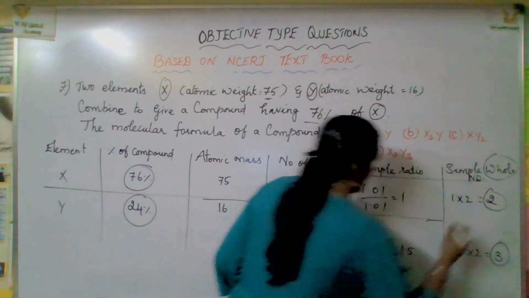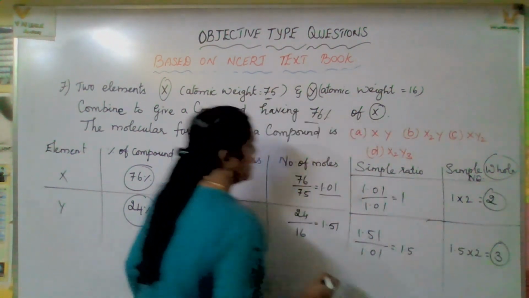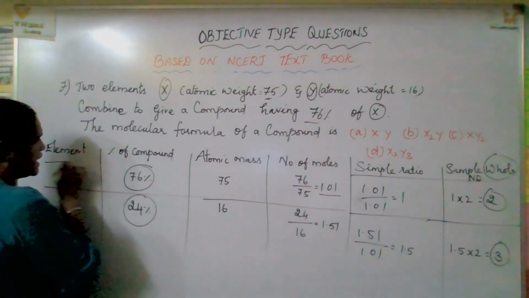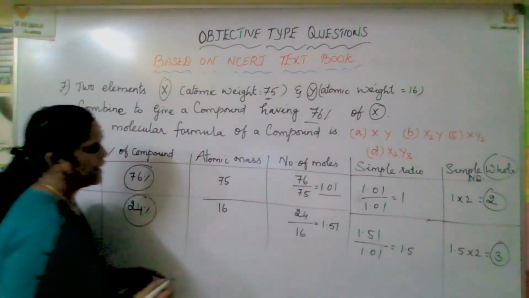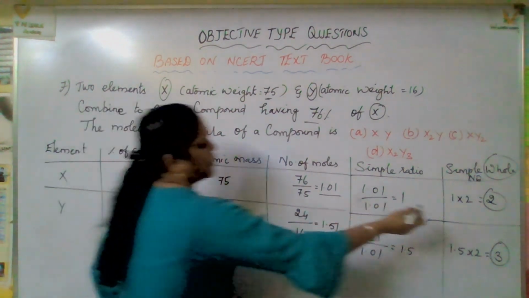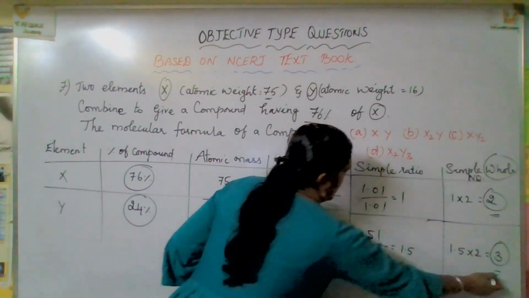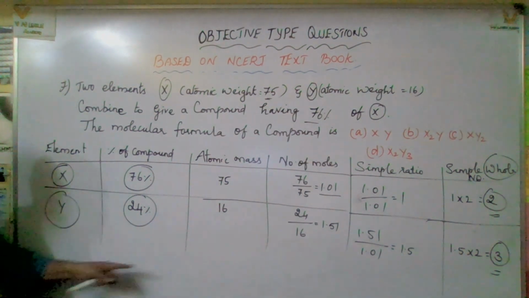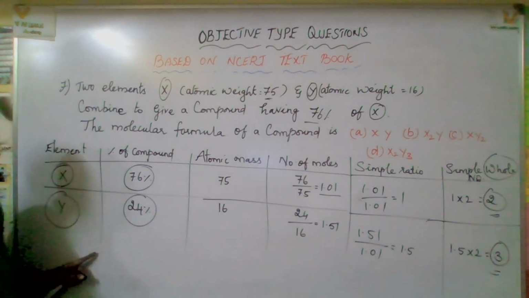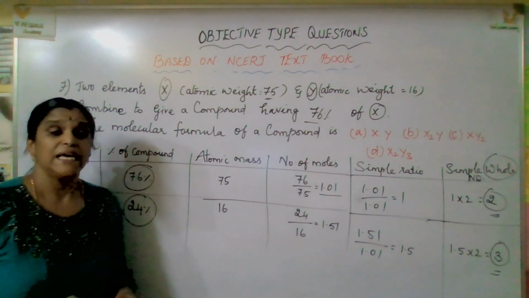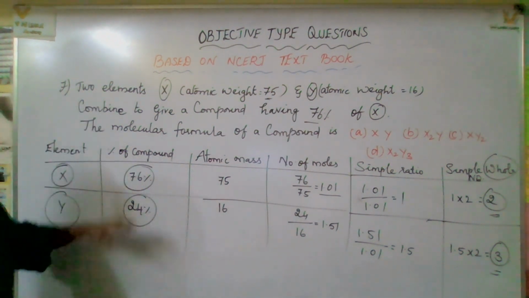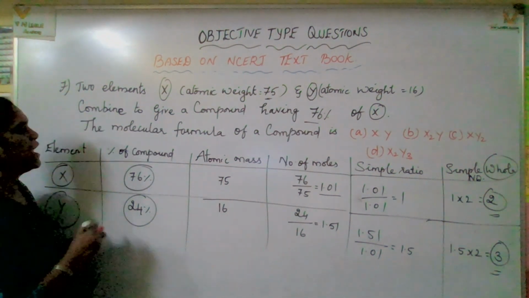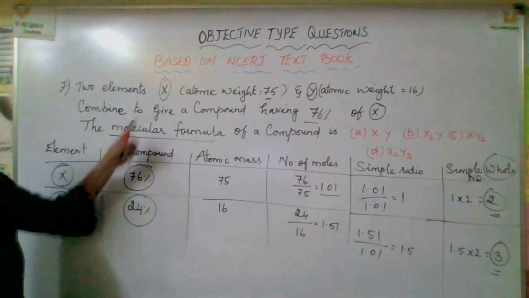So X is equal to 2 and Y is equal to 3. As you go column-wise, you can easily identify the formula from this idea.